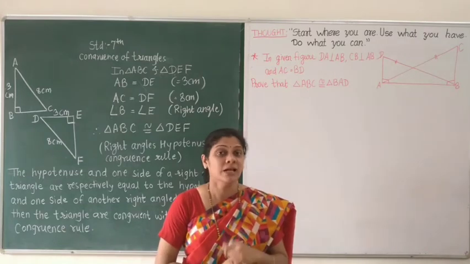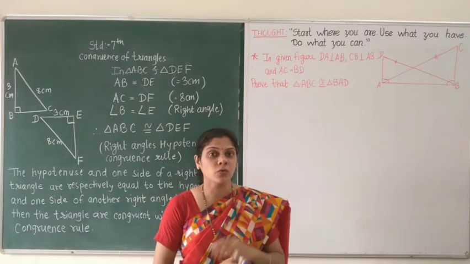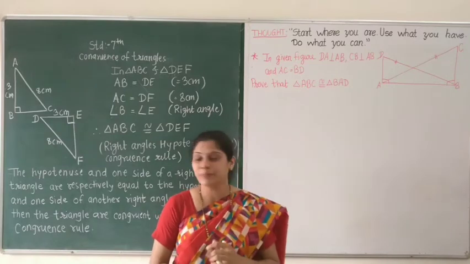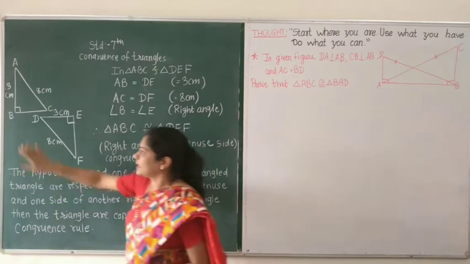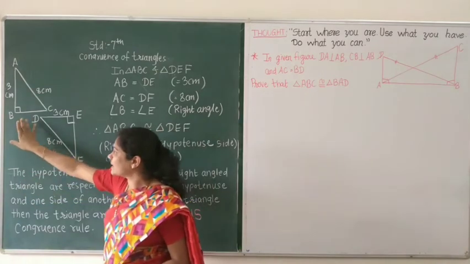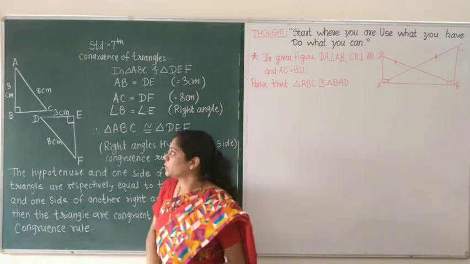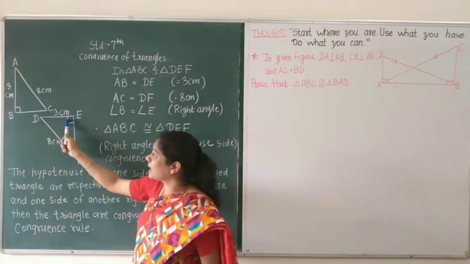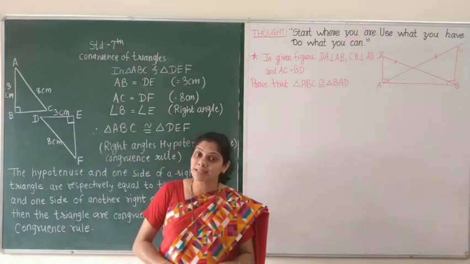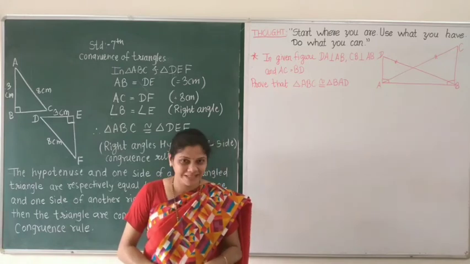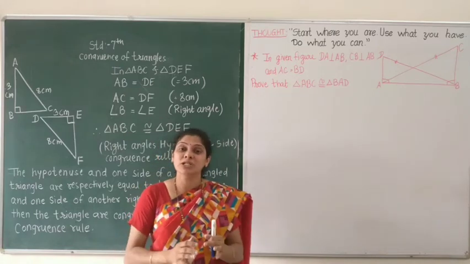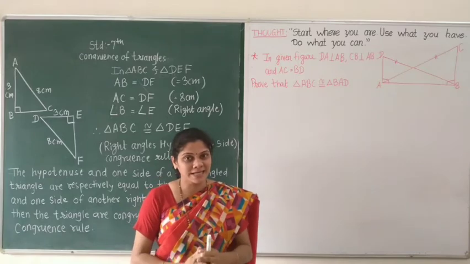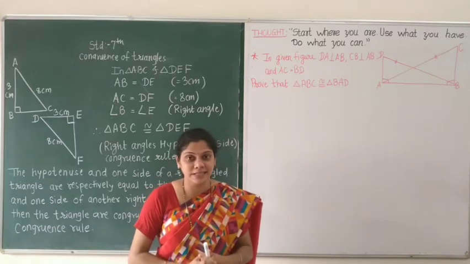But before that, we will study which type of congruence rule we are going to study. You can see this diagram, triangle ABC and triangle DEF. There is a square sign at angle B and at angle E. And what does it represent? Yes, very good. The measurement of angle B and angle E is 90 degree.